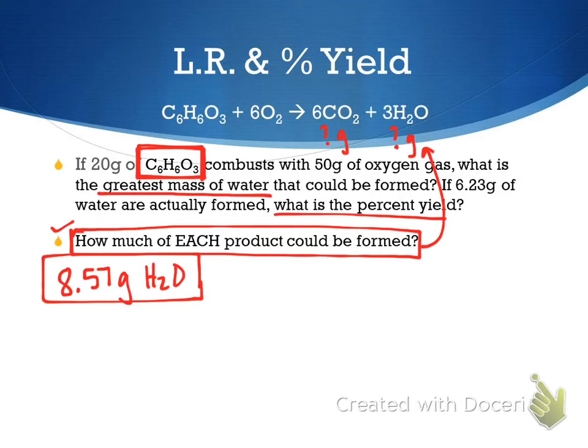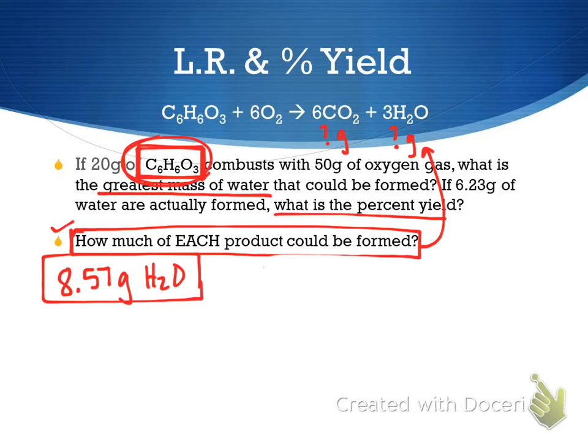We would not say that 14.06 grams of water could be formed. That's not one of our possibilities because we would never be able to get to that amount. This compound would run out before we'd have enough to make 14 grams of water, so that would not be an option.